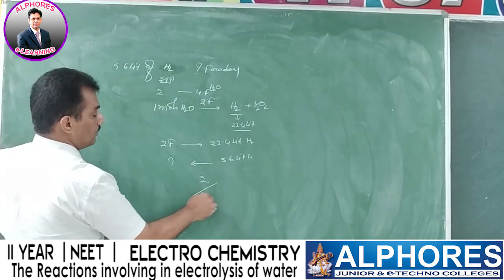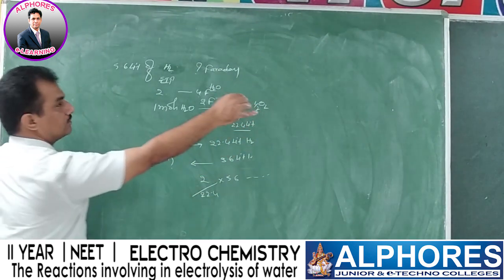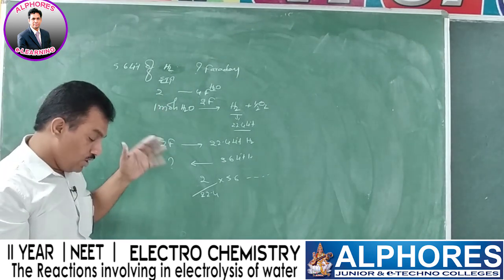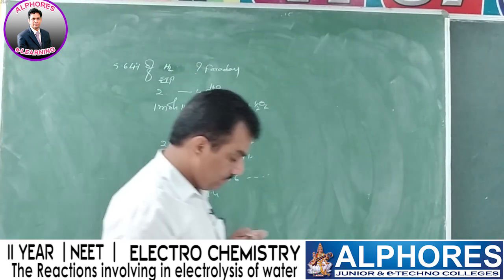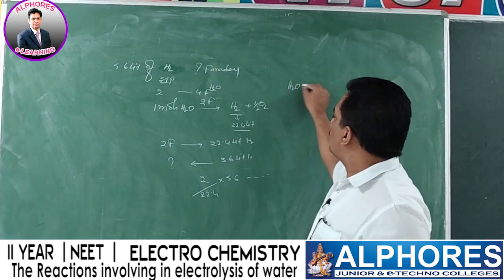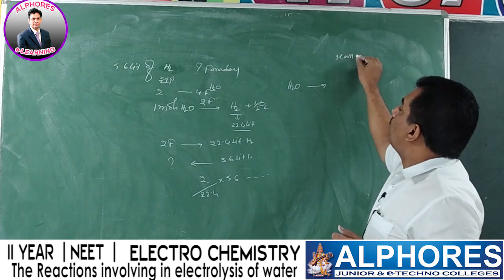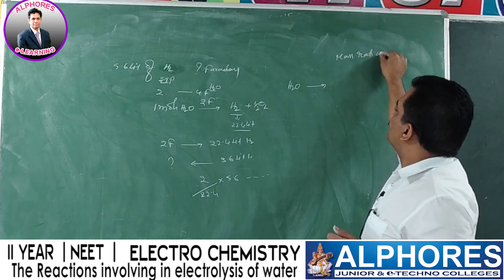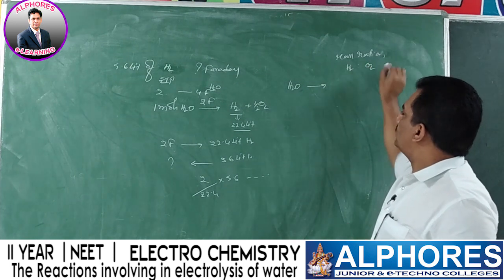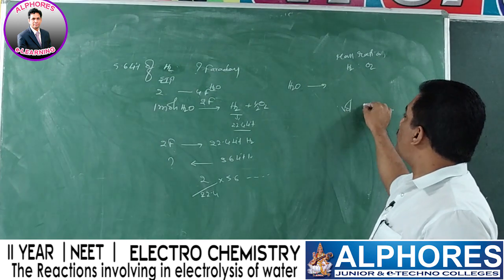Now one more question they may ask. If current is passed through water for electrolysis, can you find the mass ratio of hydrogen and oxygen? Or they may ask a question related to the volume ratio of hydrogen and oxygen. In such a condition, what to do?